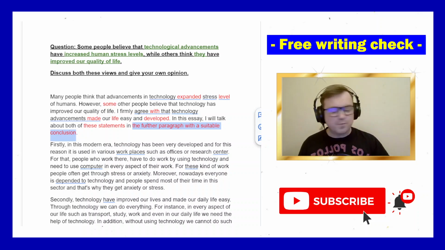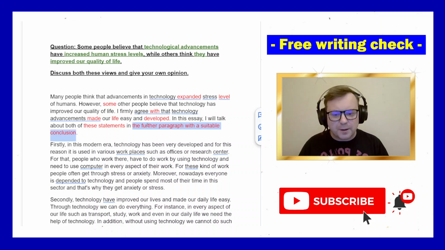And again, this goes back to, apart from the wrong structure, which is a very common problem, the other common problem is that candidates have very little awareness of conventions, normal things that we do in our academic writing. In the Anglosphere, the English-speaking world, we don't say, "I will talk about these statements in the further paragraph.